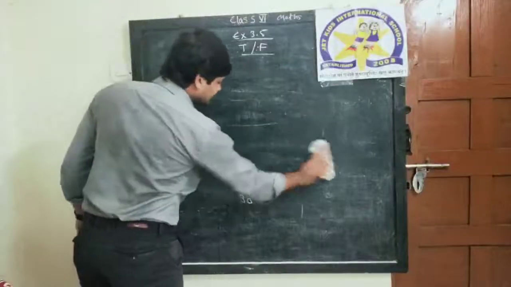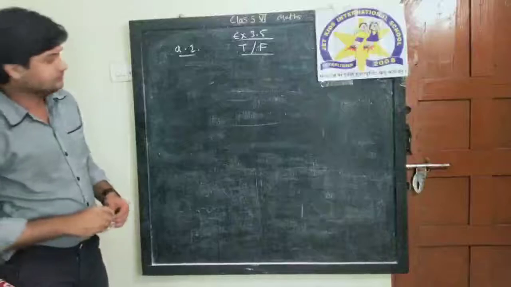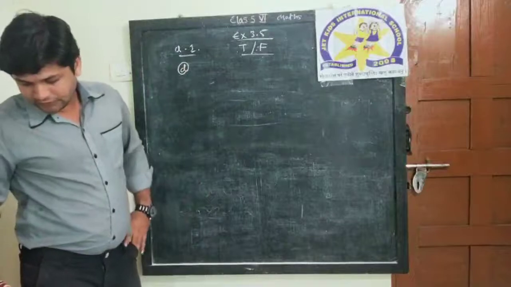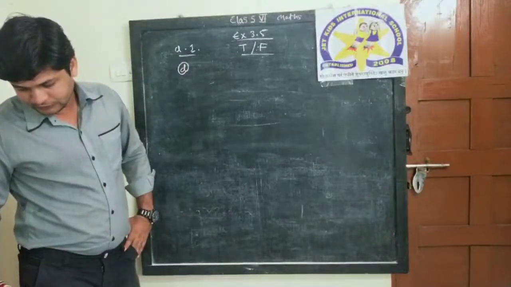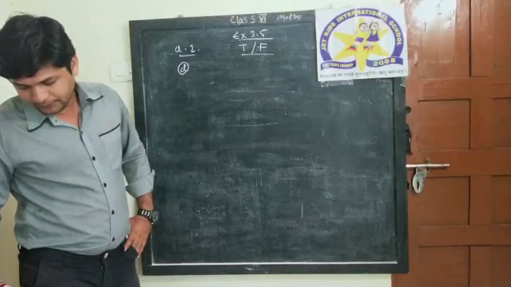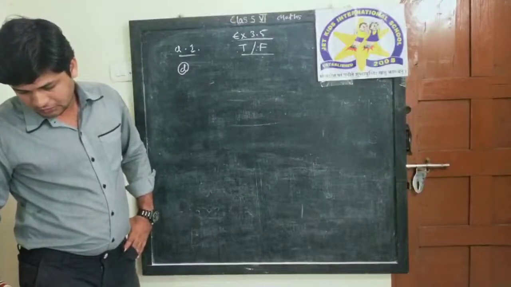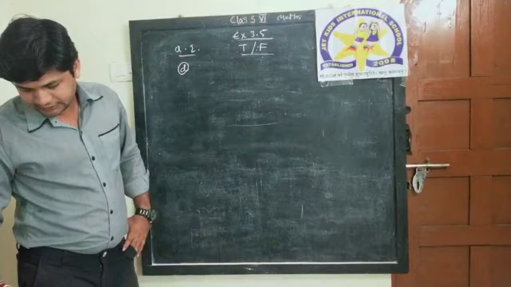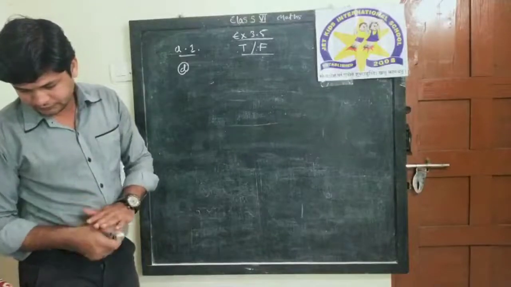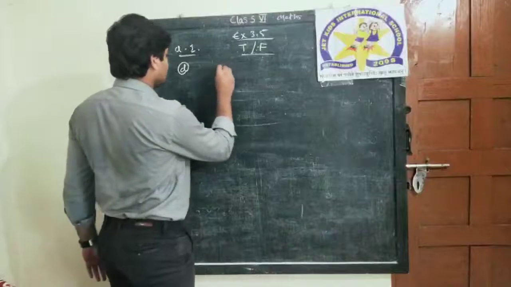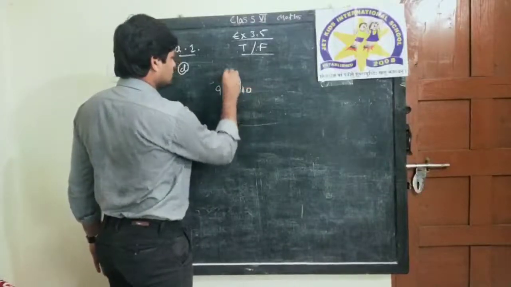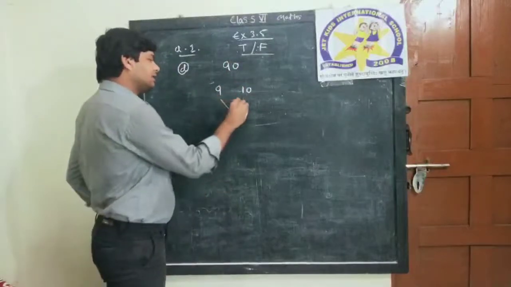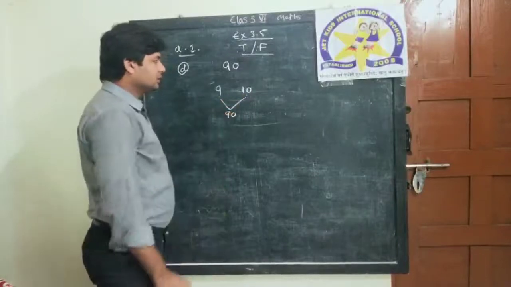Let us proceed to the next, that is D. And D is, if a number is divisible by 9 and 10, it must be divisible by 90, right? If a number is divisible by 9 and 10, what is the first number divisible by both 9 and 10? That is 90, right? So yes, it is divisible.